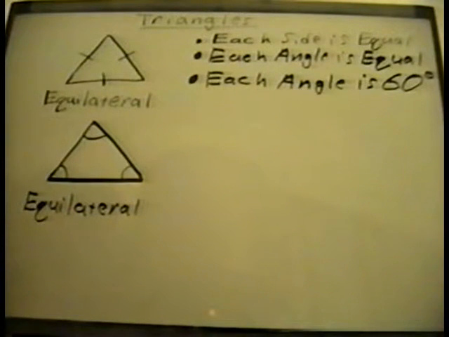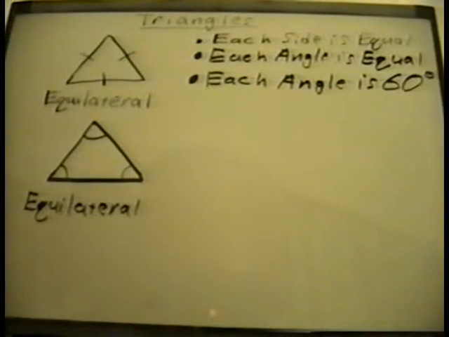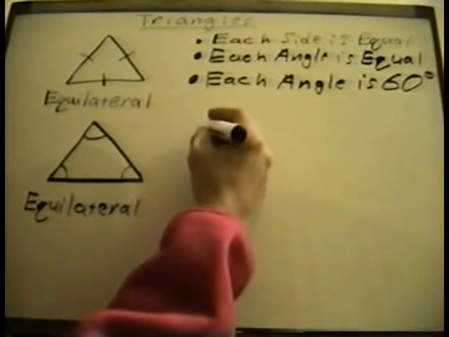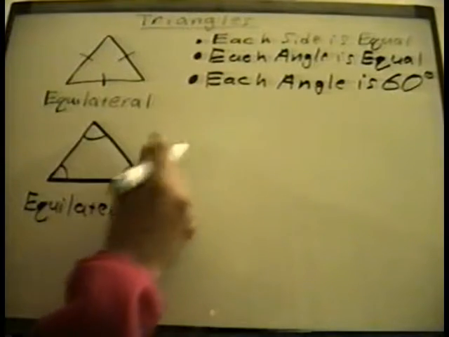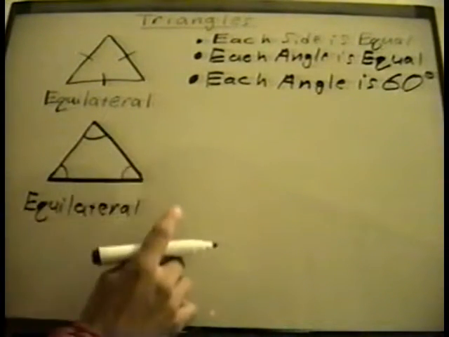Okay, so each angle is 60 degrees. So we can apply the angle sum theorem, the angle sum principle. So in any triangle, the angles of any triangle add up to equal 180 degrees.